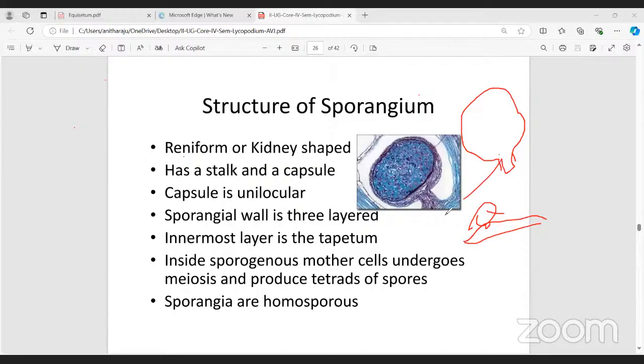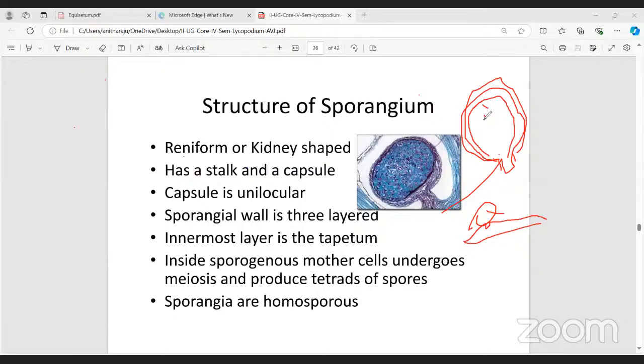This is the sporangium. How many layers does the sporangium have? Three layers. The innermost layer acts as tapetum.